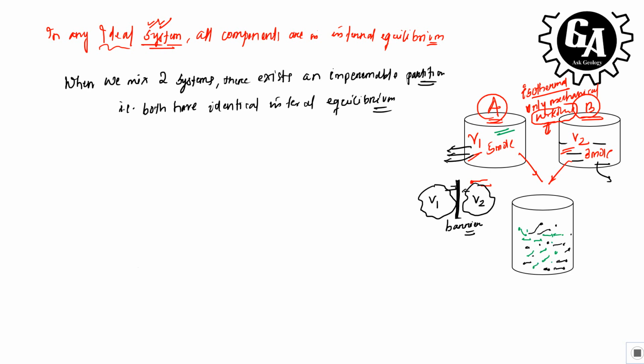Due to this movement, the entropy S is changing in the system, and this change, delta S of the mixture, we calculated.